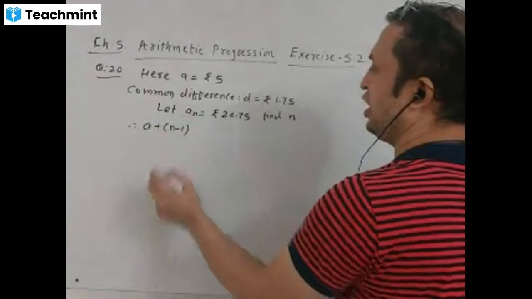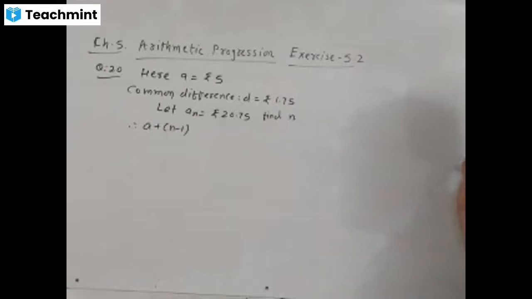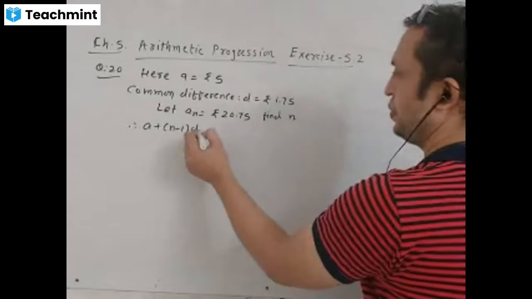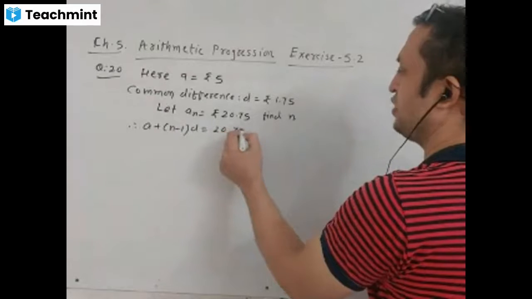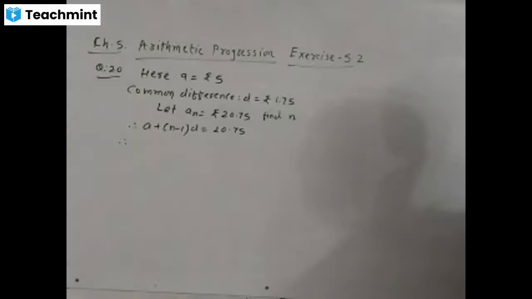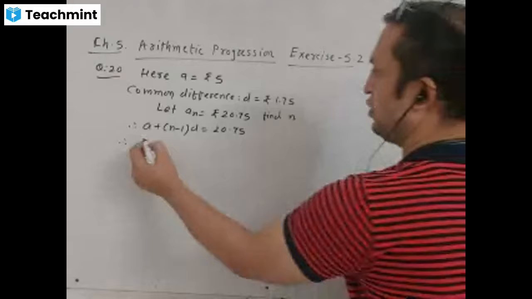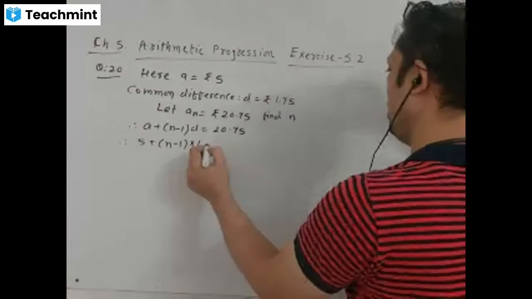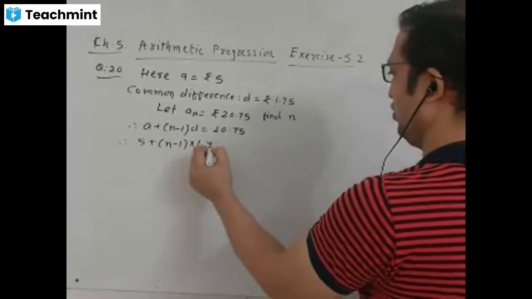The formula for AN is A plus N minus 1 into D, which is equal to 20.75. A is equal to 5 and D is equal to 1.75.